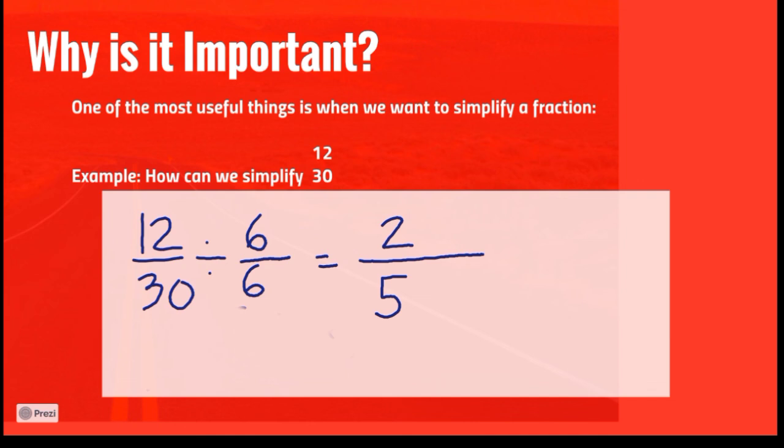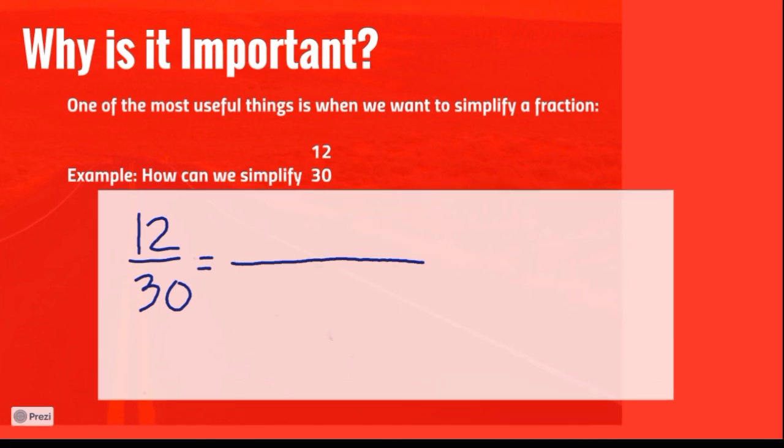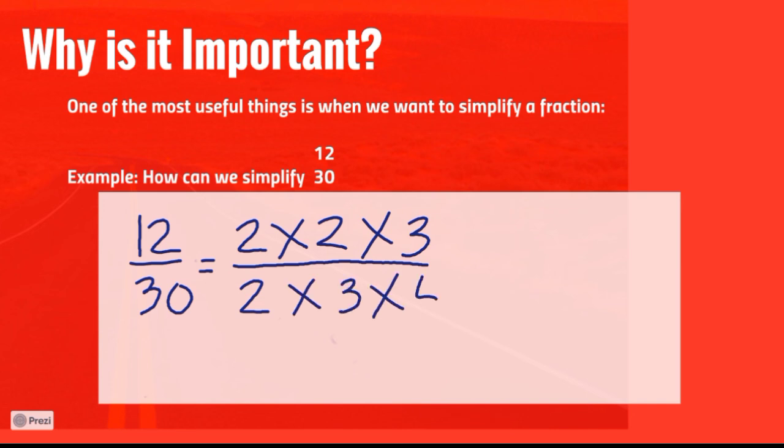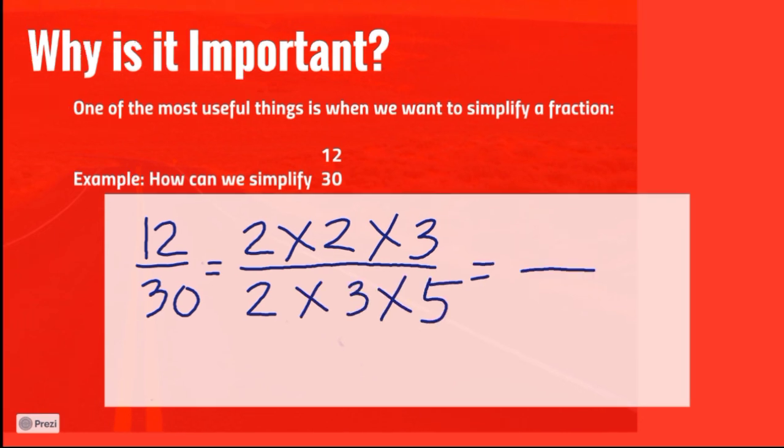Okay? Pero merong other way to reduce the fraction to its lowest term. We factor out the numerator and the denominator. Let's say, prime factors of 12, 2 times 2 times 3. And prime factors of 30, 2 times 3 times 5. So ang gagawin lang natin dito, ika-cancel lang natin yung mga prime factors na common.